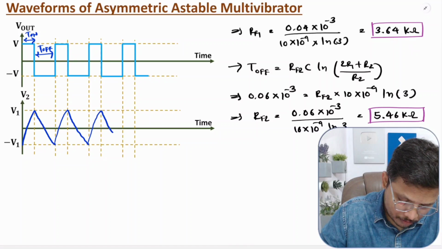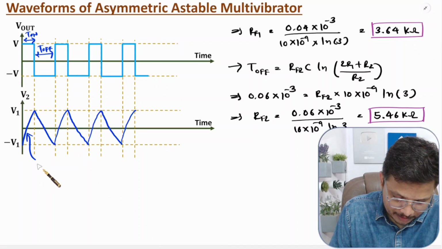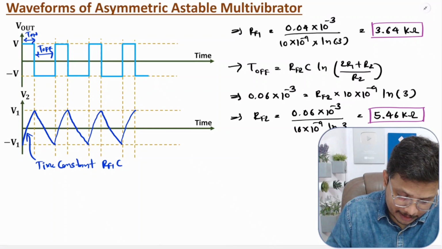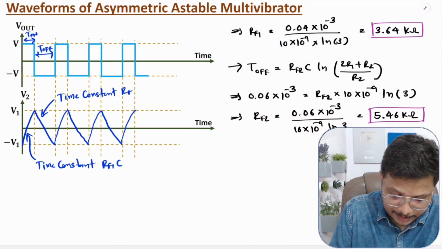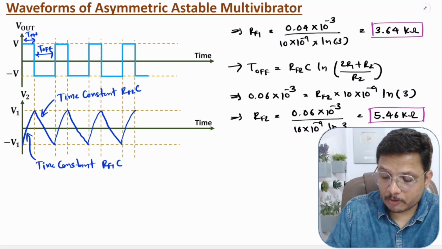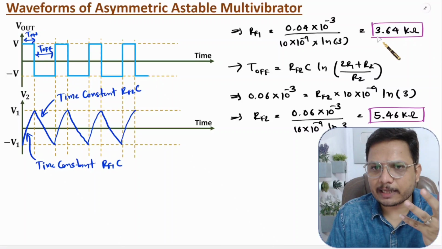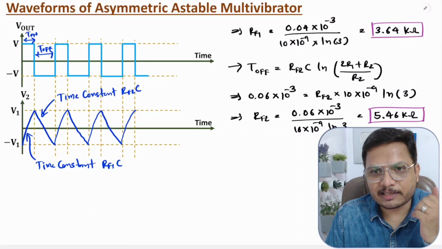Here one should know, during the T on time period, the time constant is as per Rf1 into C, and during the T off time period, the time constant is as per Rf2 into C. And the value of components, I have explained how to identify. So if you understand this equation in this way, you can design an astable multivibrator for symmetrical as well as asymmetrical case.